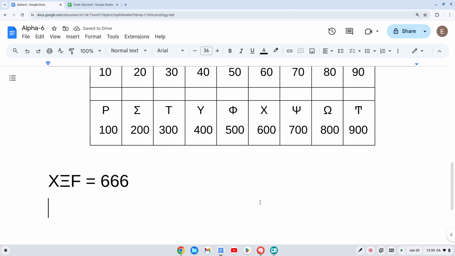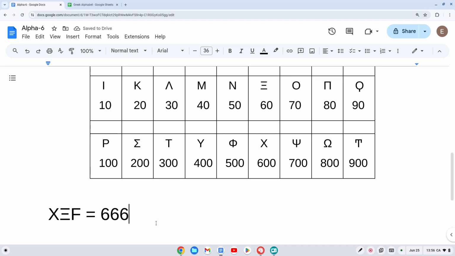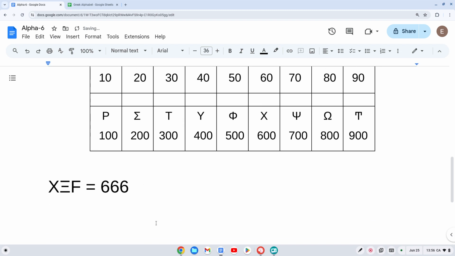Now if I wanted to represent the number 70, I would use an omicron. Well, I can do this with the Latin alphabet, omicron.